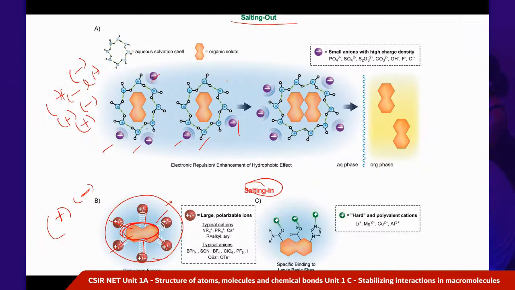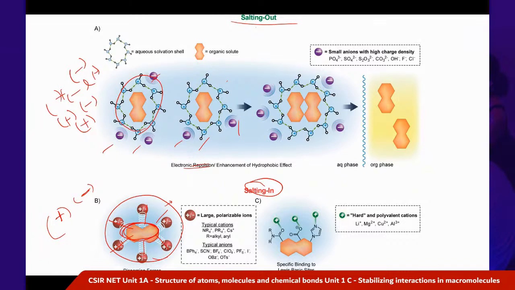Now, water was initially interacting with protein, but now the waters are not free. So what happened? Electrostatic attraction has increased because of the salt. And if attraction increases, then repulsion will decrease. Initially, there was repulsion, but now there is bonding between the water's opposite charges and the salt's opposite charges.